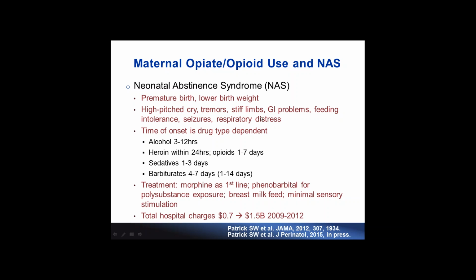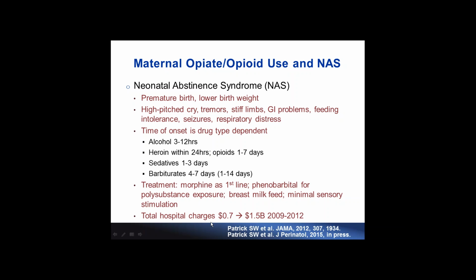When they're born, it's mostly associated with premature birth, lower birth weights, and a wide variety of symptoms: high-pitched cry, tremors, GI problems, feeding intolerance, and such. All those observations are scored to see if it fits the NAS diagnosis. The time of onset depends on drug type, as listed here, and the treatment approach really depends on how the babies are responding to each of them.